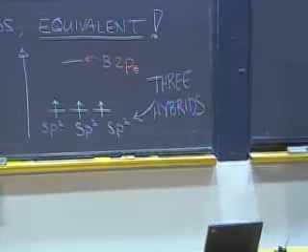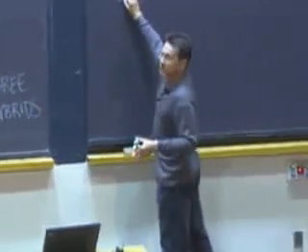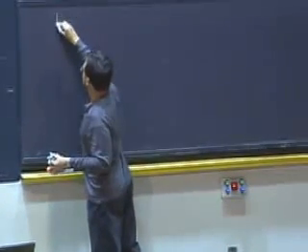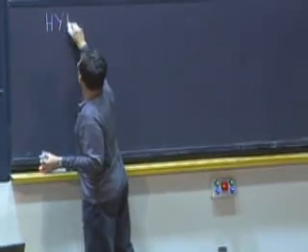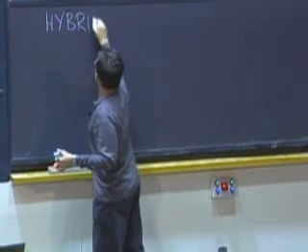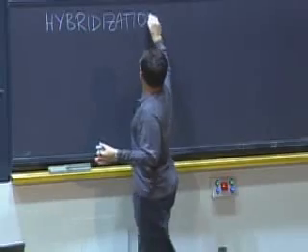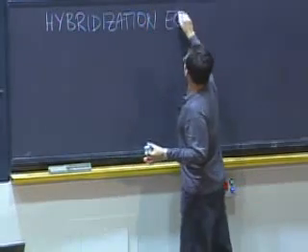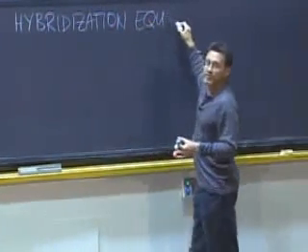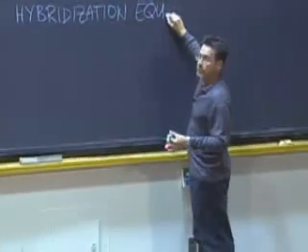And so how do we do that? Well, we're going to get our equations for hybridization. We're going to develop these using some of the results from quantum mechanics, which is what Pauling did.